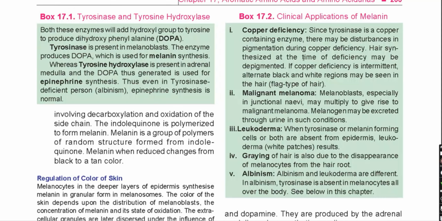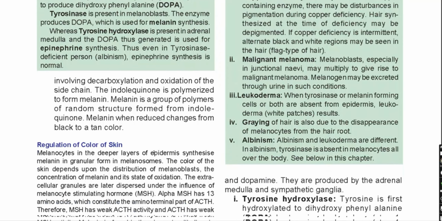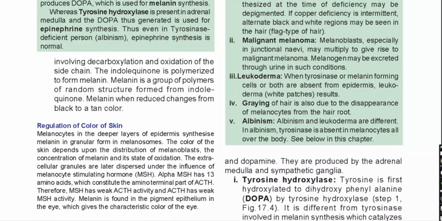And one important thing is how skin color is regulated. Melanocytes are in the deeper layers of the epidermis and synthesize melanin in granular forms called melanosomes. So the color of the skin depends upon the distribution of melanocytes, the concentration of melanin and its state of oxidation. The granules are later dispersed under the influence of melanocyte stimulating hormone, MSH.